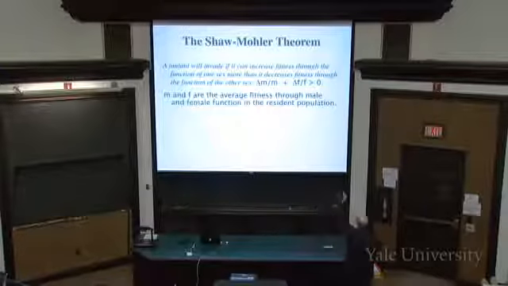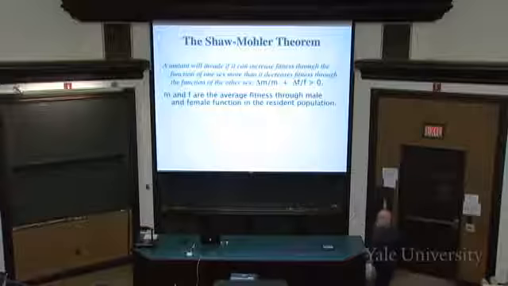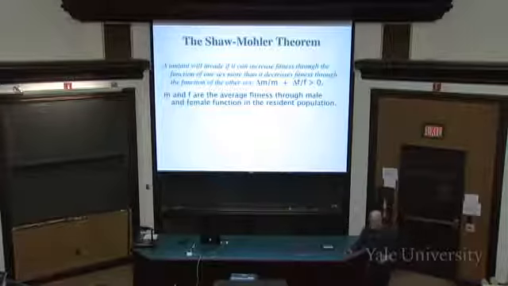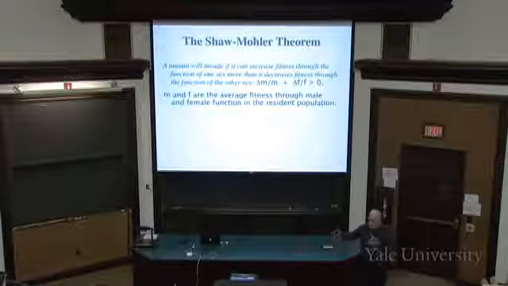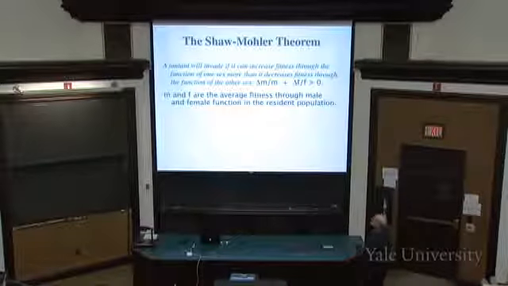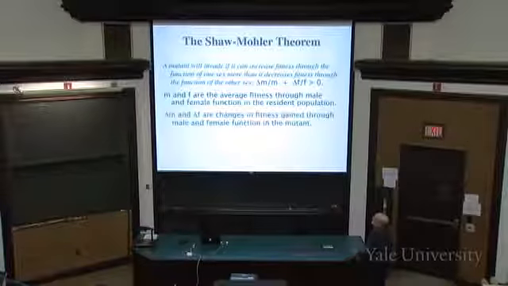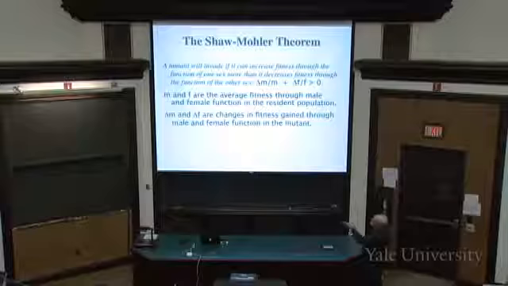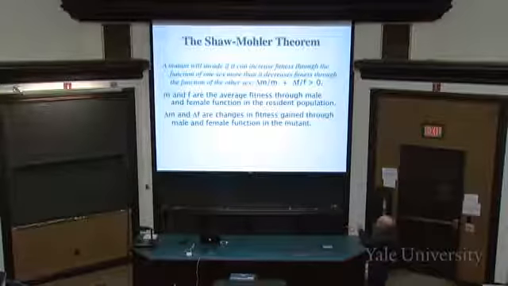Here, little m and little f are the average fitness through male and female function in our resident population. So we're starting, just at some starting point in evolution, and there's an average male and female function, and a mutation pops up that changes male and female function. So its change is the critical thing.